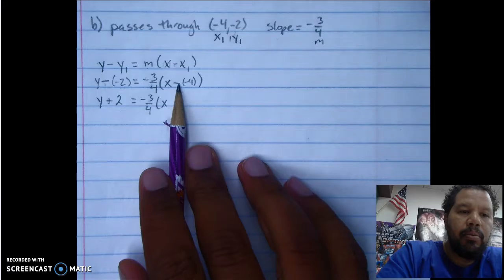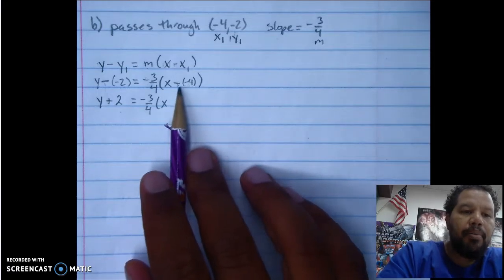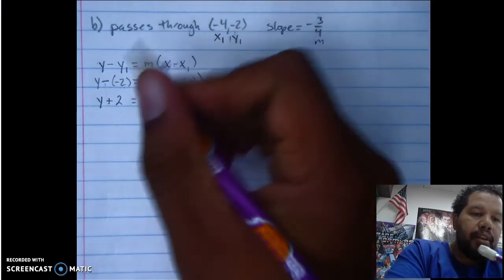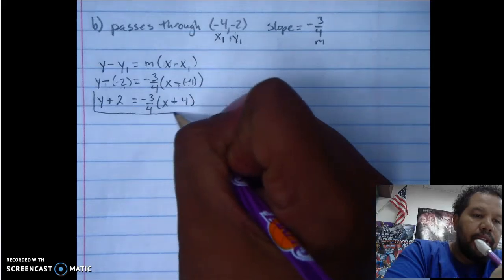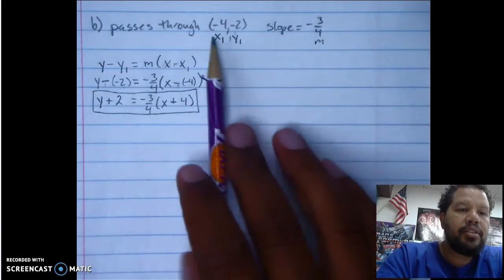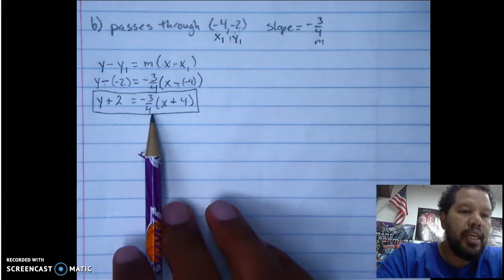So here we have the other double negative. Subtracting a -4 is the same thing as adding the opposite, so that's adding a +4. So there, now it looks a little cleaner. And this is our equation of the line that passes through (-4, -2) with a slope of -3/4 in point slope form.